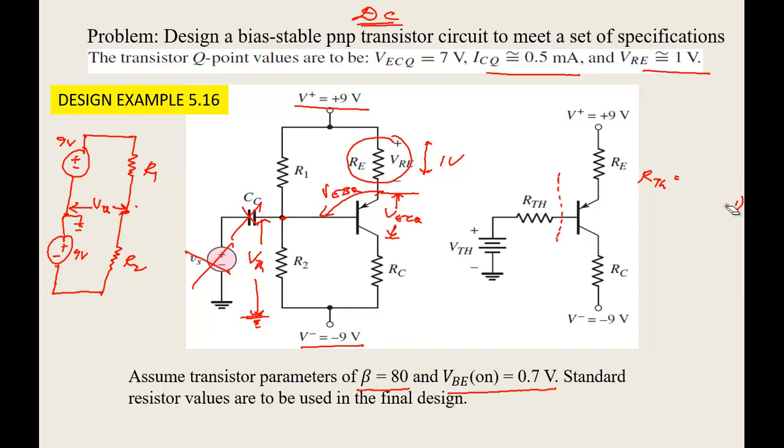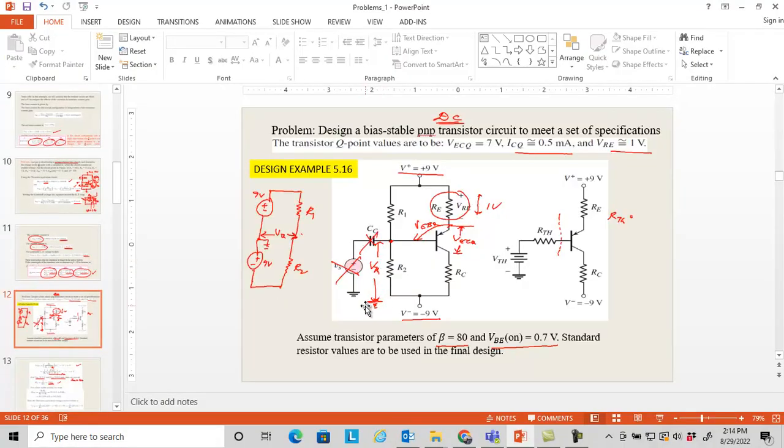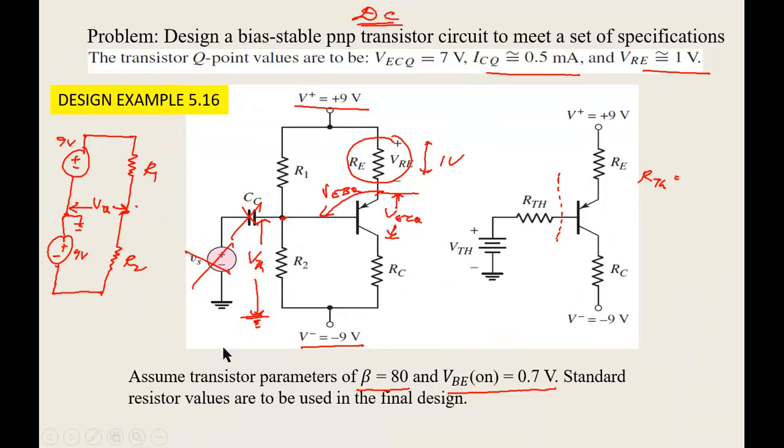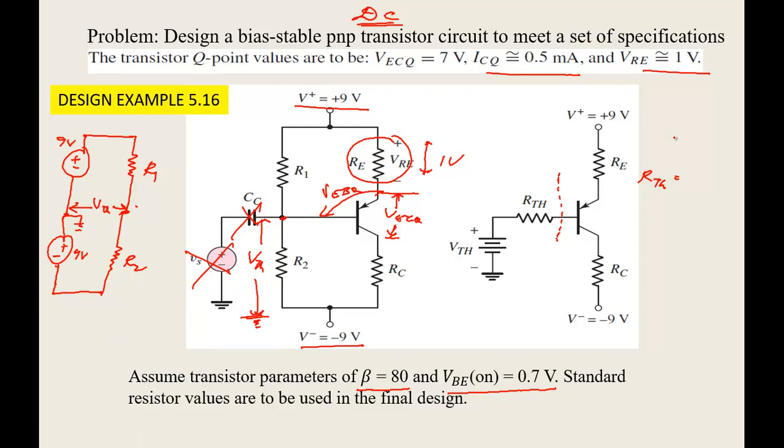So I write it like this. Just a second. Okay, so RTH is equal to RE divided by 10 into beta plus 1.